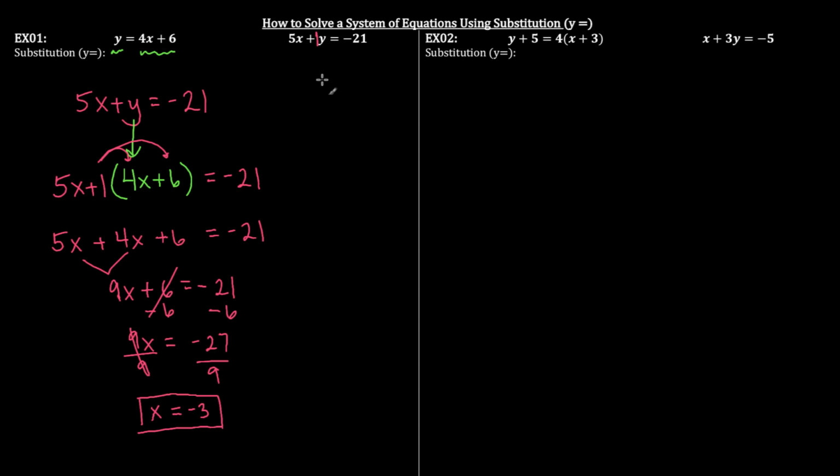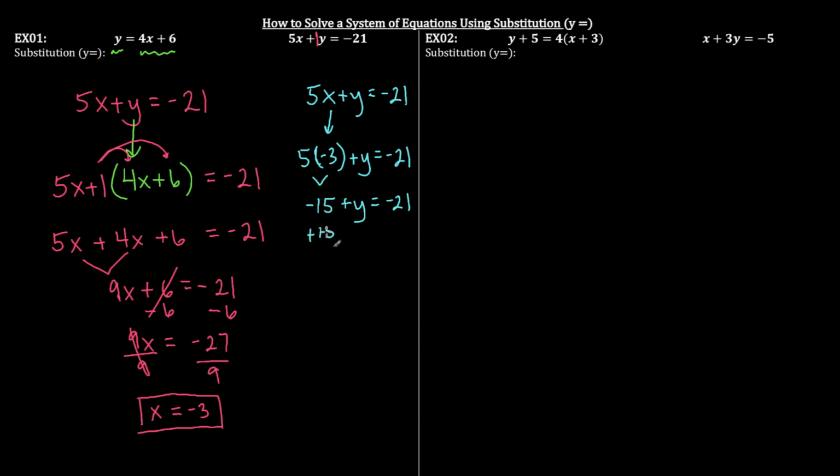So 5x, I'm going to put it in blue this time. So 5x plus y equals negative 21. For x, I will substitute in a negative 3. So 5 times negative 3 plus y equals negative 21. A positive times a negative is a negative. So negative 15 plus y equals negative 21.